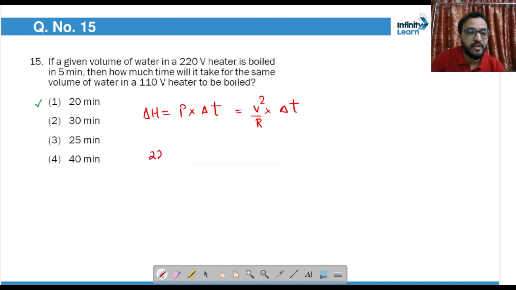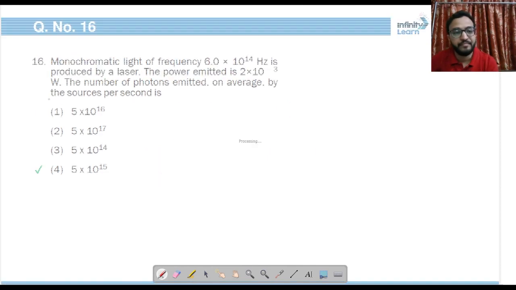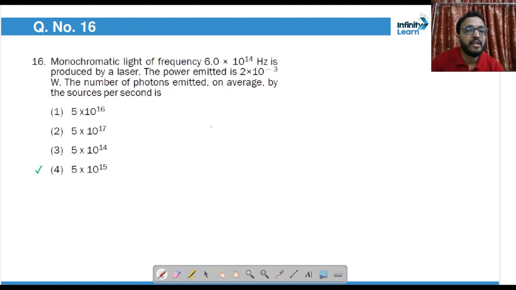So you will say 220 whole square by R into 5 minutes must be equal to 110 whole square upon R into delta T. We don't know how much it is. If you solve it, R and R will get cancelled because the resistance will remain the same for the coil. So delta T will definitely become 4 times 5, or 20 minutes. Got it?